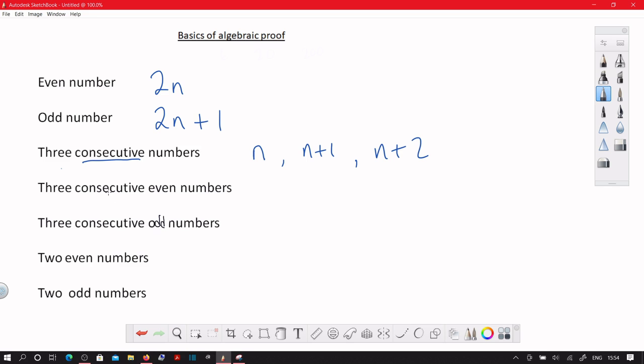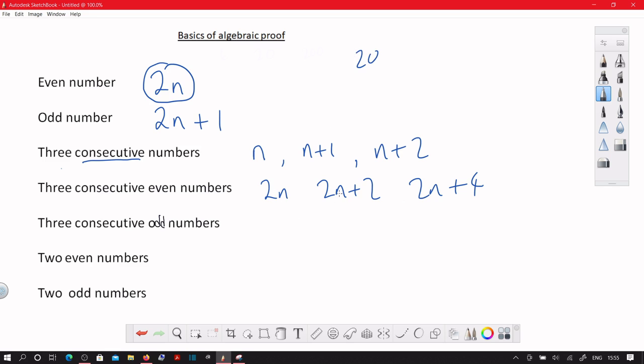The next one, 3 consecutive even numbers. Look at the even number. Let's say that's your first even number, which we have here, 2n. Therefore, the next one will be 2n plus 2, and the one after that, 2n plus 4. So for example, if you replace the n with 10, 2 times 10 is 20.